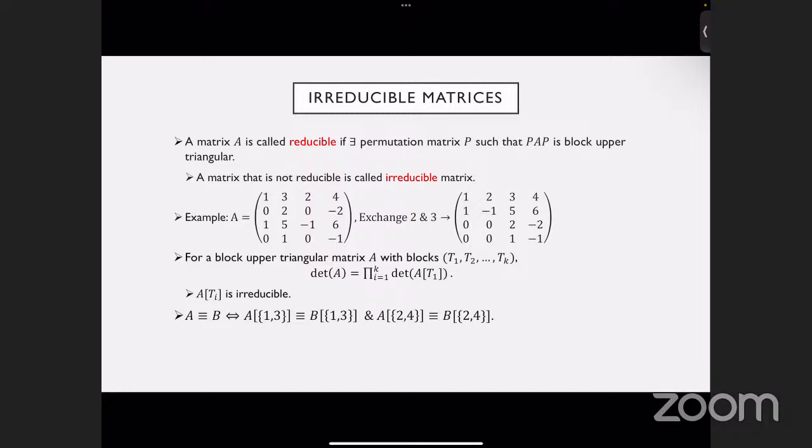Since this is an upper triangular matrix, only these entries matter. In 1984, Hartfield and Loewy showed that the principal minor equivalence testing problem for general matrices reduces to the problem of principal minor equivalence testing for irreducible matrices.